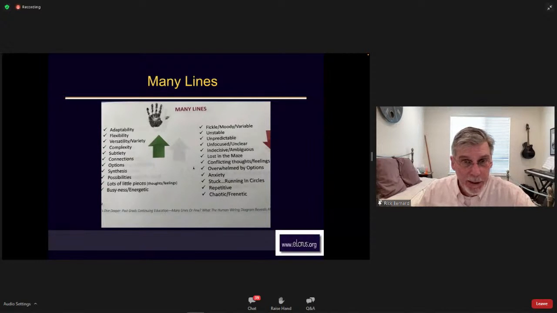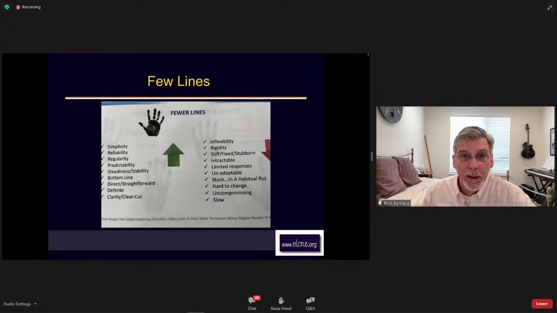Maybe less stable, unstable. They tend towards a little bit more anxiety possibilities. Okay, they get lost in the maze, conflicting thoughts, feelings. What do I do? Do I do A, B, C, or D? Where earth line has A or B, and that's it. Okay, again, anxiety possibilities, chaotic, frenetic, etc.